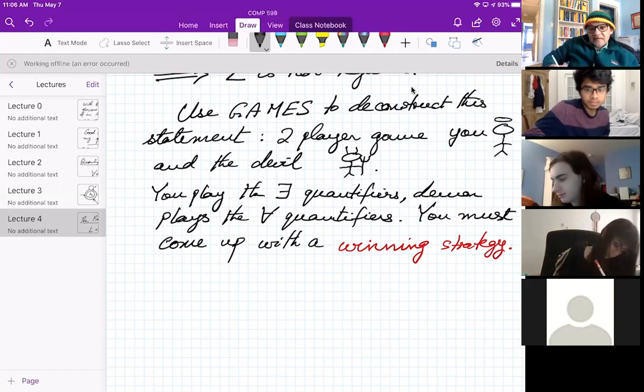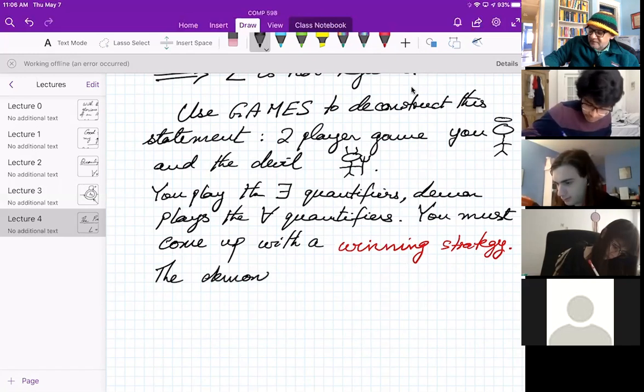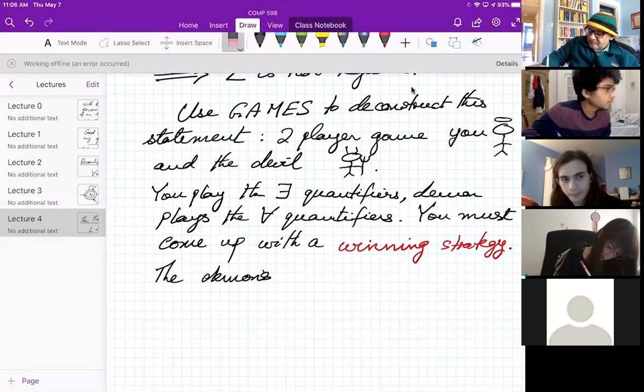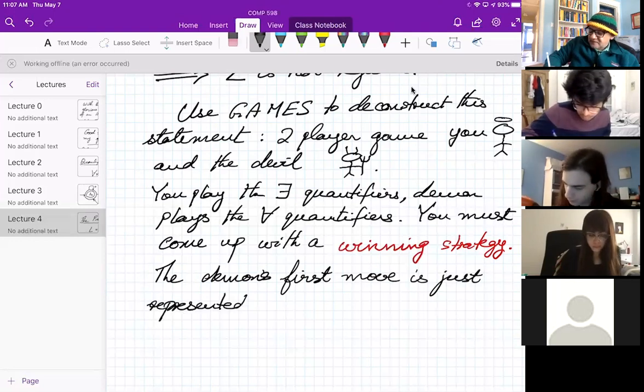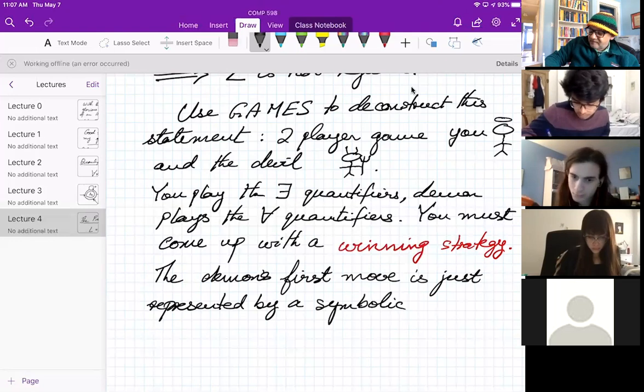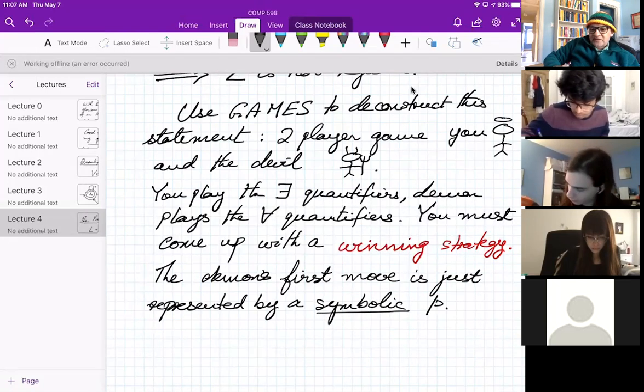So the demon's first move is just represented by a symbolic P. You can't say, well, let's assume P is 10.